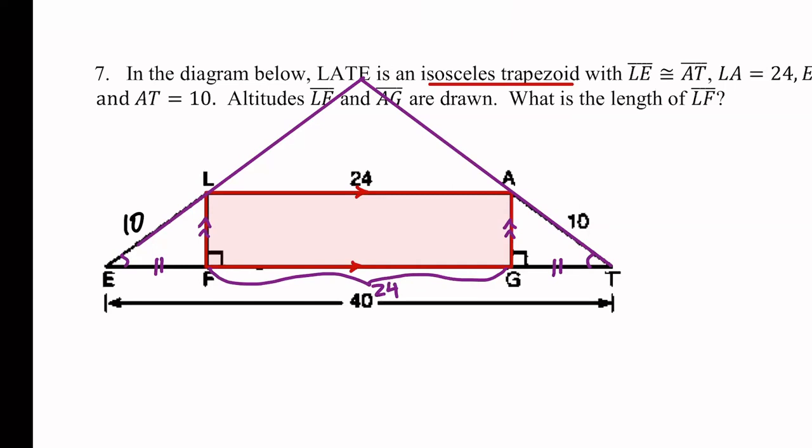But if I know that, and I'm just going to remove these markings here for a second, these two sides are parallel to one another, then I know that these two distances have to be the same. This distance has to be the same as this distance. Now, it doesn't seem like much, right? But we know that this angle here is 90 degrees, this angle here is 90 degrees. All of these angles are 90 degrees.